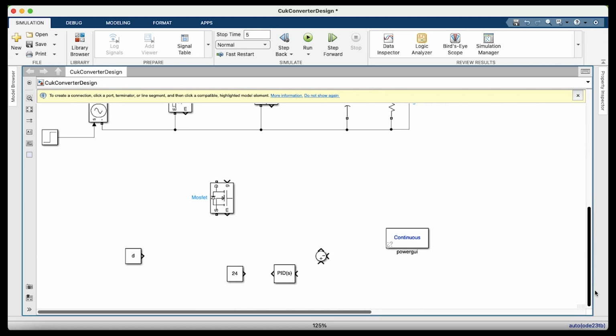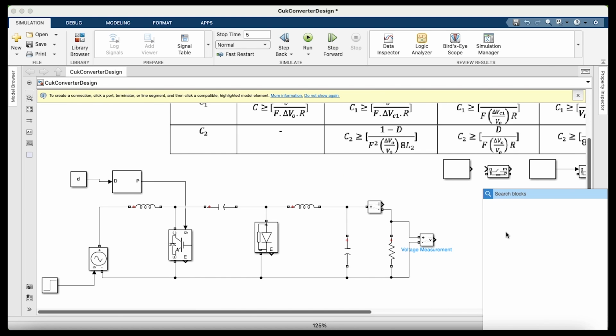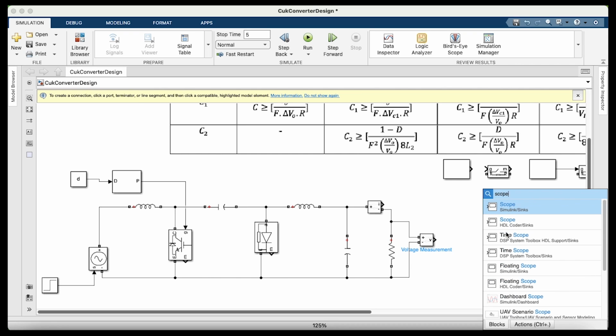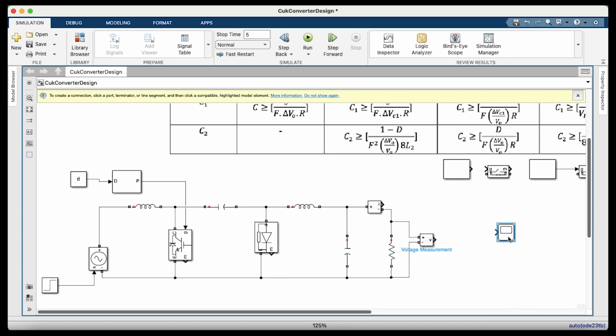Then I choose the scope. The first one is load voltage, and the second one we connect to load current.